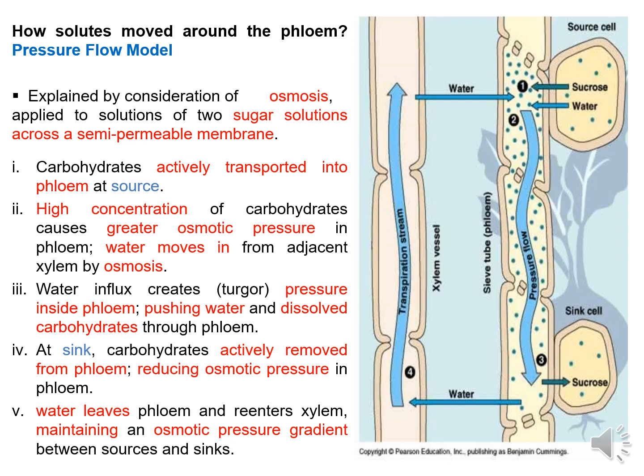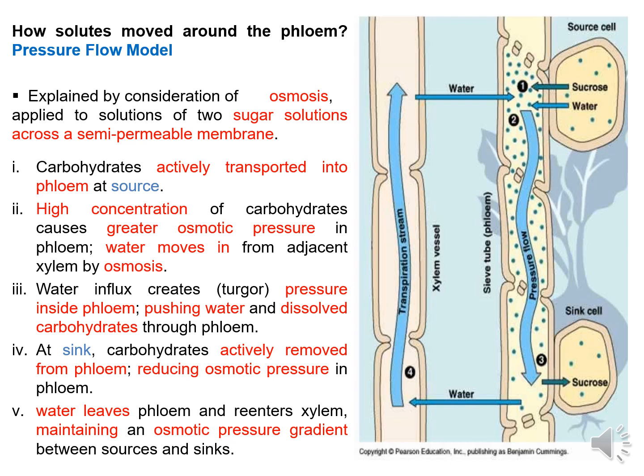This water influx, caused by movement of water from xylem, creates the pressure inside phloem, and finally this pressure is able to push water and dissolved carbohydrate through phloem from one vessel to another vessel, or from one tube to another tube, until they reach the destination of sink.